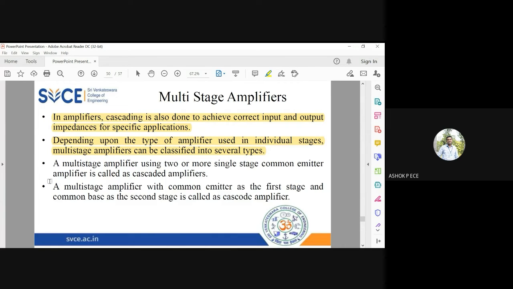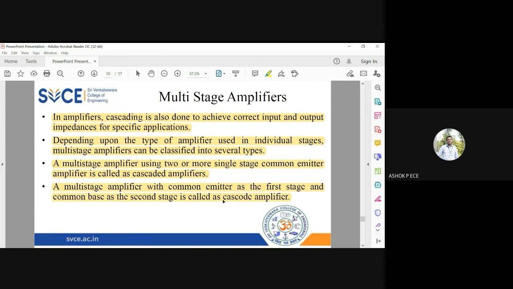Whenever you use the same type of common emitter amplifier in all the sections, it is called a cascaded amplifier. Cascaded means I'm using the same type of two or more single stage common emitter amplifiers. If I change the configuration, with common emitter in the first stage and common base in the second stage, it is called a cascode amplifier.